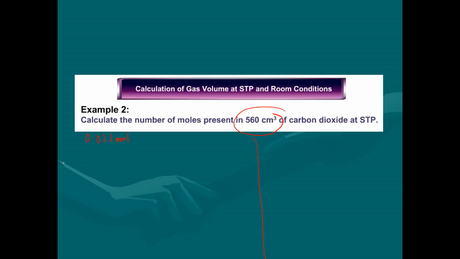The formula doesn't change. I'm going to use volume over molar volume. So I'm going to take it as 560. I'm not changing the 560. What I'm going to change, at STP, what's my value? 22.4. Very good. I told you all to memorize just now already. 22.4 decimeter cube. To change from decimeter cube to centimeter cube, the teacher must times 1000. Everybody times 1000. What do I get?